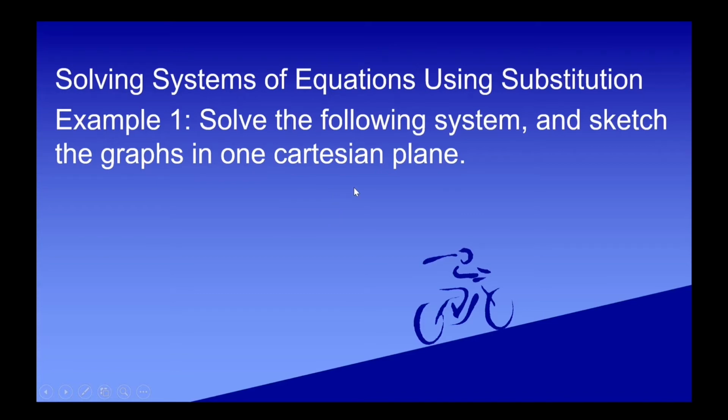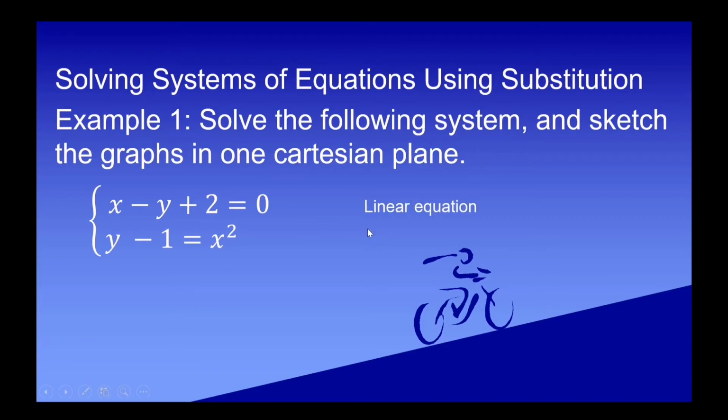Solve the following system and sketch the graphs in one Cartesian plane. So we have here our system has two equations, a linear and a non-linear. Our first equation, yan ang x minus y plus 2 is equal to 0, is represented by a linear equation, since this is a first degree equation, both the x and y are raised to the exponent of 1.